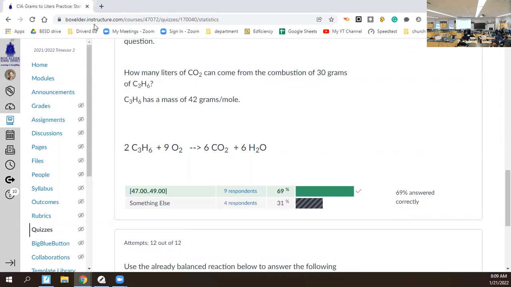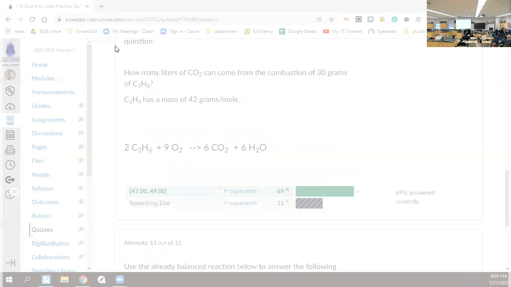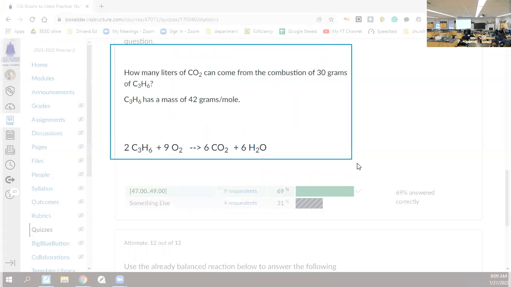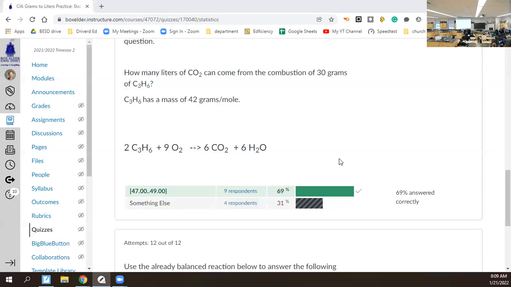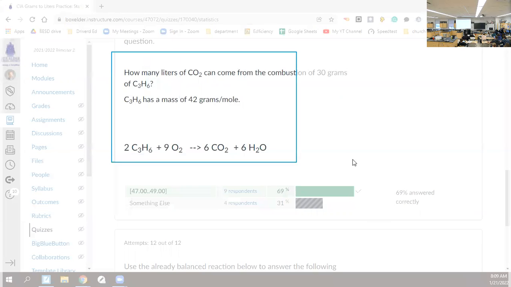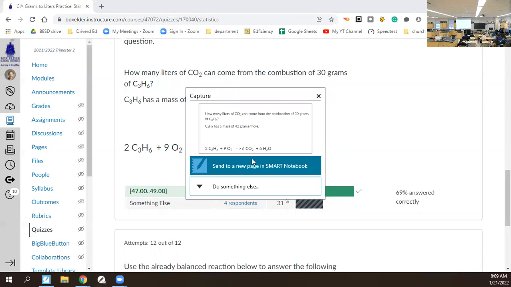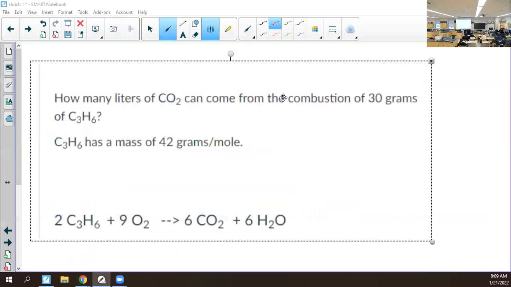Then we'll look at the other ones and we'll just brush up on liters to liters, then we'll be done. What just happened? All right.